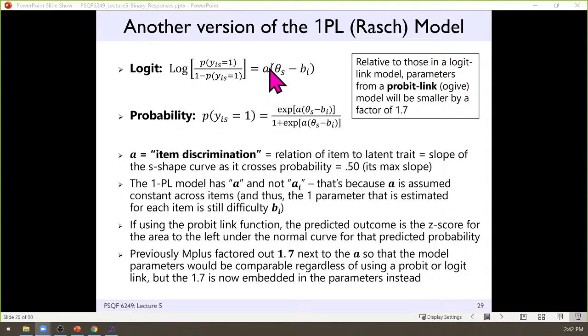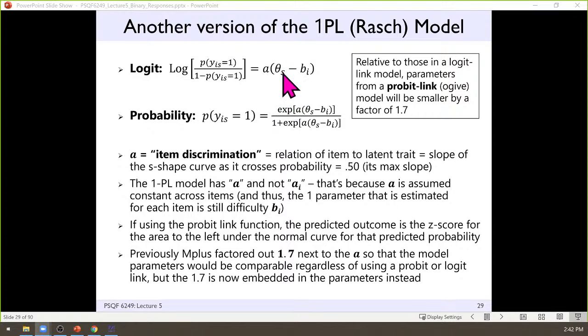So here is another version of this model that has a constant in it. And by the way, this one parameter model is also known as a Rasch model. And the idea of what this is missing is starting to peek out with this letter here. So this thing right here, this A, it doesn't have a subscript, but it indicates a slope.